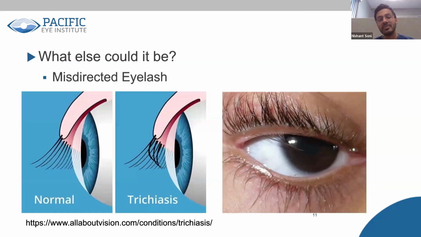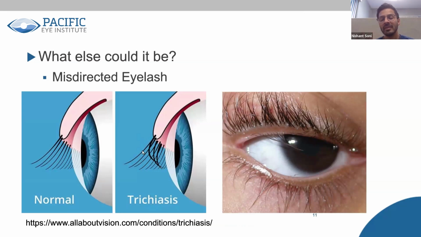Another one is misdirected eyelashes. So in this picture on the left, you can see that the eyelashes are normal. They're kind of splaying away from the surface of the eye. And in misdirected eyelashes or a condition called trichiasis, you can get eyelashes to start to curve towards the surface of the eye and touch the surface of the eye.